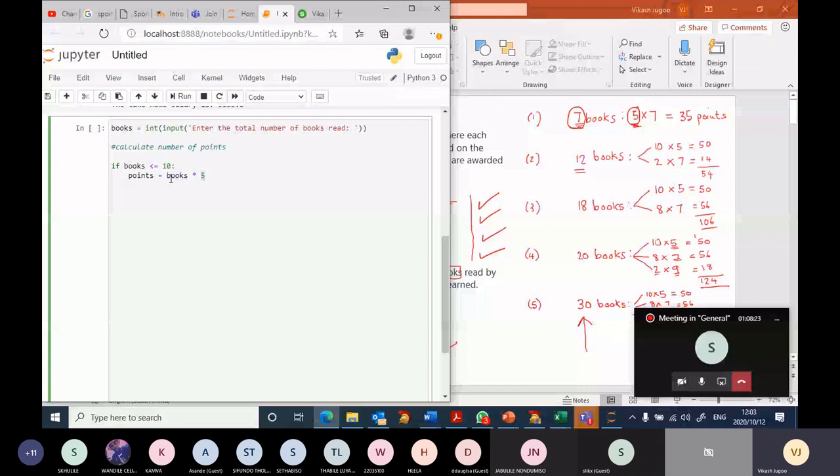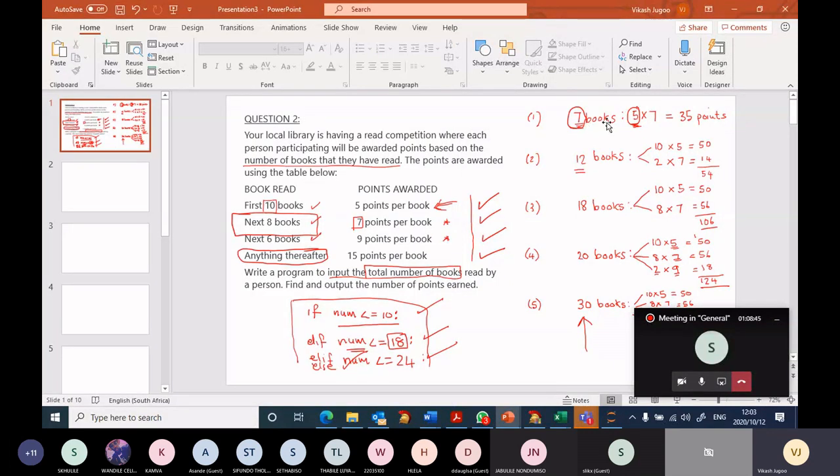Now, sometimes I see students do this. They say 7 times 5. Why do they say 7 times 5? Because in my example, I used 7. Now, please don't do that. In the test, I'll give you examples so you understand what the question is saying. And in my first example, I used 7 books.